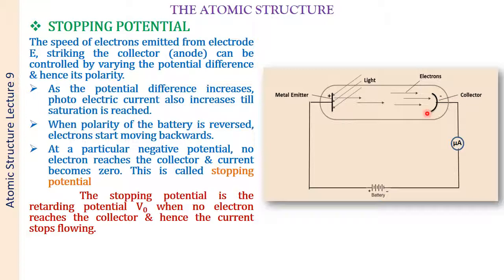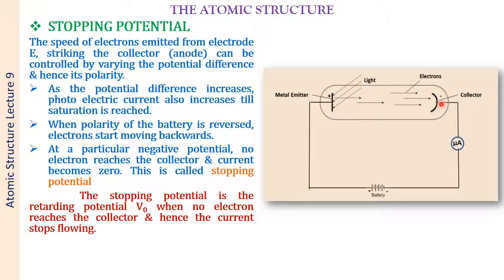And if we increase the voltage of the variable voltage source, then what will happen? The repulsion between the negatively charged electrons and the negative collector is going to increase. Eventually a point will be reached when no electrons will be able to reach the collector.